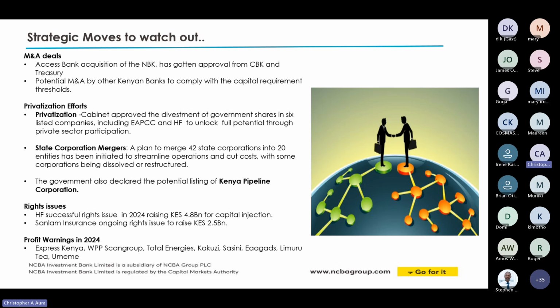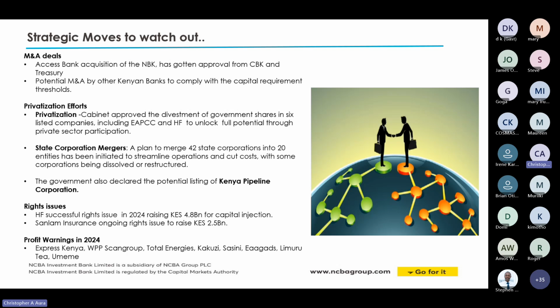So, strategic moves to watch out for in 2025, and some of the announcements that happened in 2024. One, let's look at the merger and acquisition deals. Currently, there's a conversation that started last year about Access Bank, one of the largest banks in Nigeria, acquiring National Bank of Kenya from KCB. The process is in the final stages with the CBK and the National Treasury.